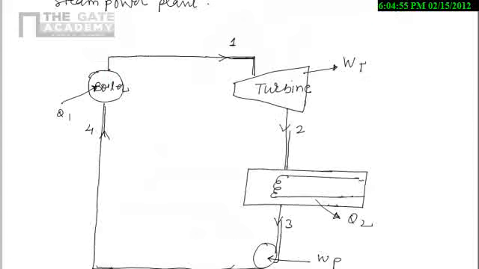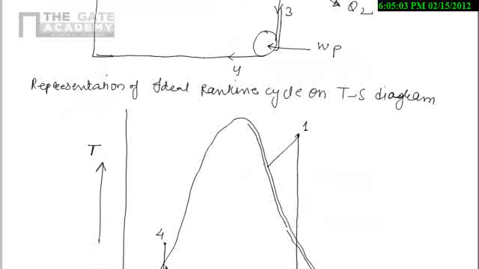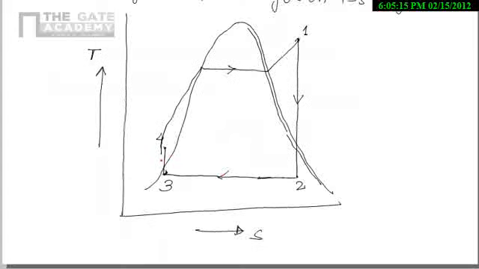And if you see 4 to 1, that is nothing but constant pressure heat addition. So for constant pressure heat addition, we are having this constant pressure line. So this line will come here. So now this is a constant pressure heat addition. So now I am showing this one is the ideal process.